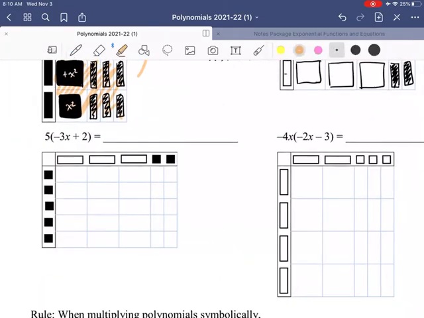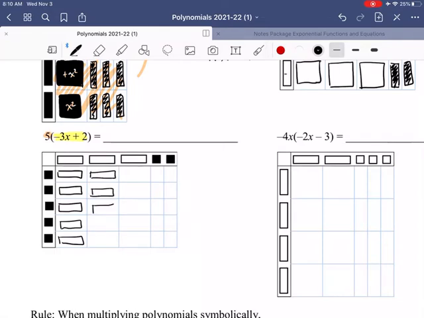Okay, here we're multiplying 5 by negative 3x plus 2, and that's represented by the vertical column and the horizontal columns. Okay? So let's go through this. We've got negative x, negative x, negative x, negative x, and negative x. We got a whole bunch of these, actually. Okay, and then we've got a whole bunch of positive ones.